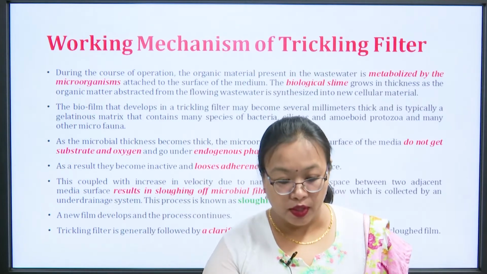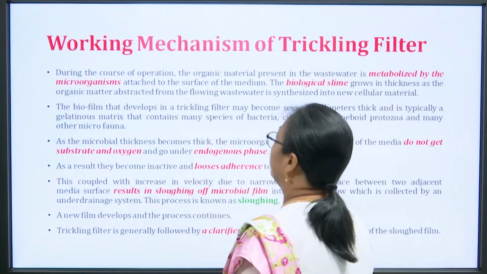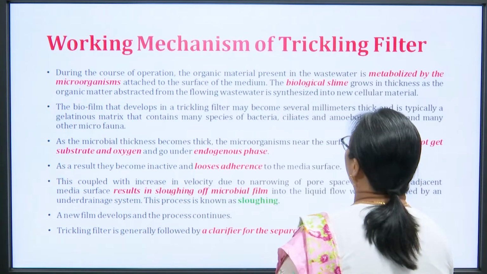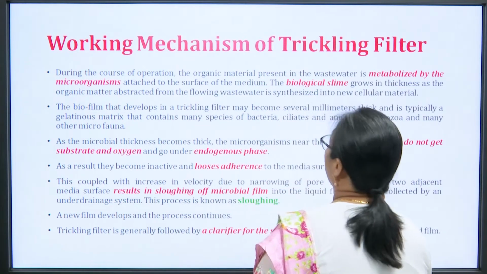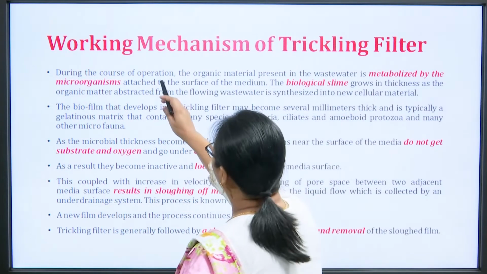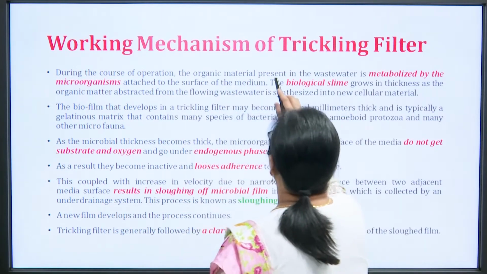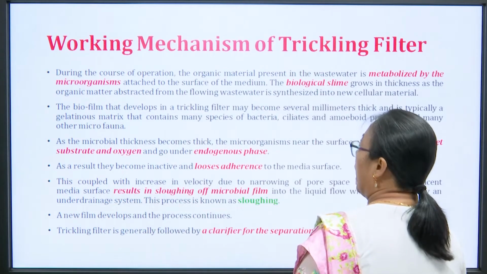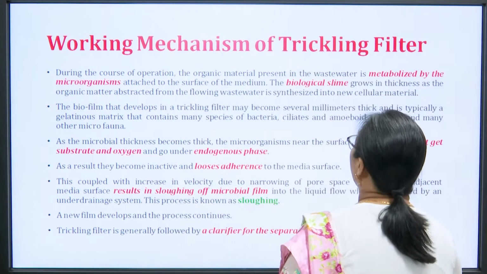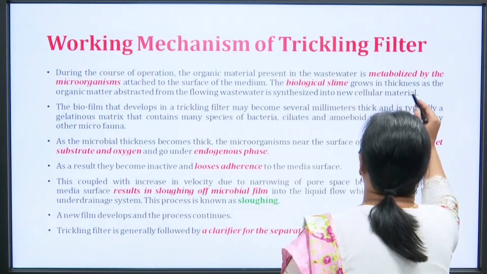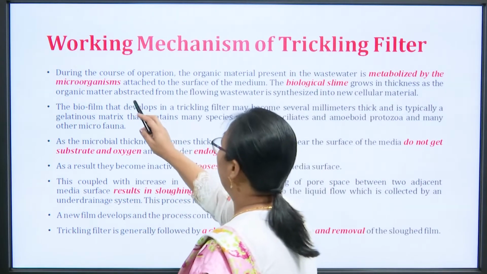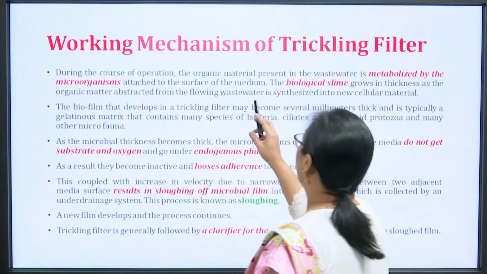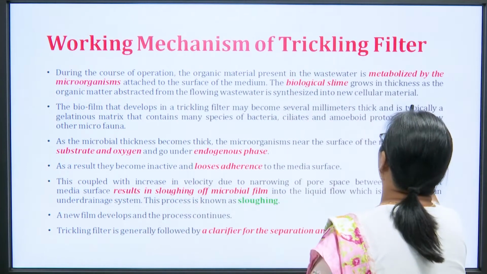Okay. So, what exactly is the working mechanism? During the course of the operation, the organic material present in the wastewater is metabolized by microorganisms attached to the surface of the media. The biological slime grows in thickness as the organic material abstracted from the flowing wastewater is synthesized into new cellular material.